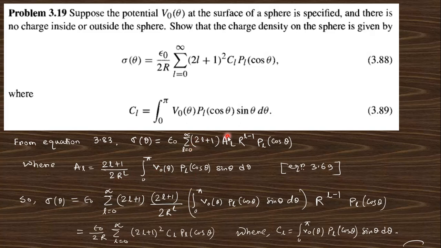If you put the value of A_l in this expression, you will get this equation, and if you take this as C_l, the other part of this portion you can take as C_l, where C_l equals like that. So this is the same thing.